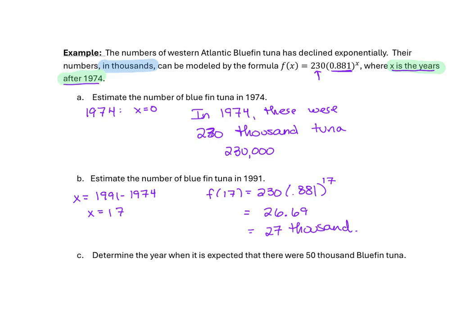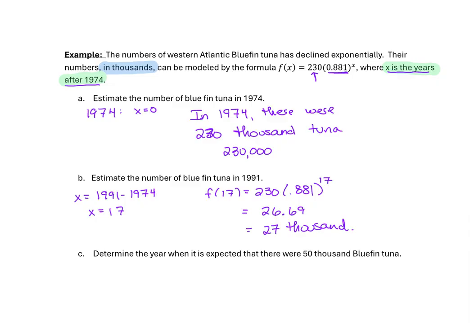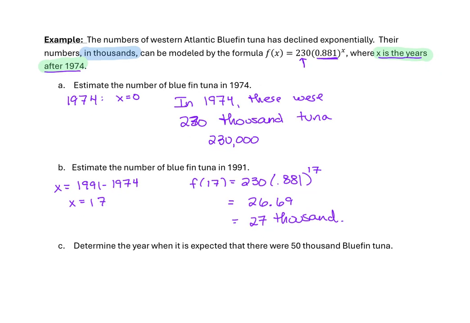All right, the last one is the one that actually requires the work. It says determine the year when it is expected that there were 50,000 bluefin tuna. This is not a year, this is not an x value. We want to plug it in on the other side. So what we get is 50 equals 230 times 0.881 raised to the x.